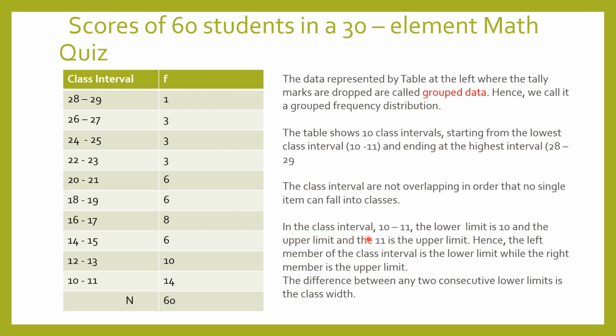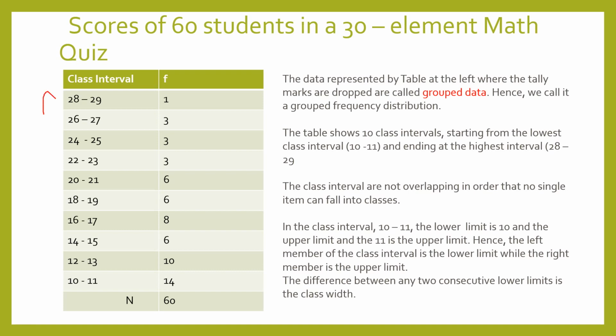In the class interval 10 to 11, the lower limit is 10 and the upper limit is 11. Hence, the left numbers, all of these, we call the lower limit. Where is the lower limit?